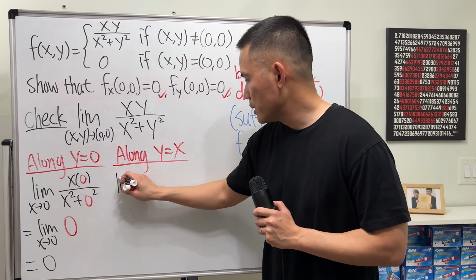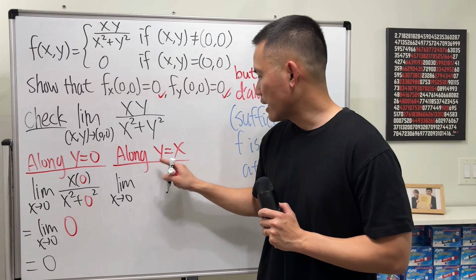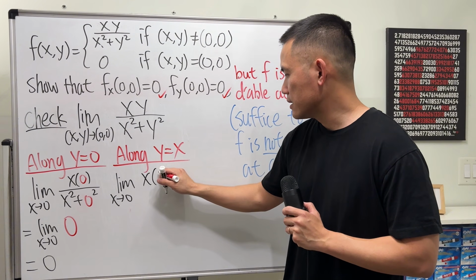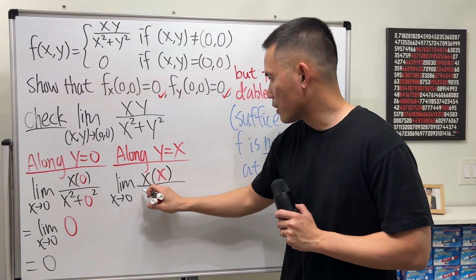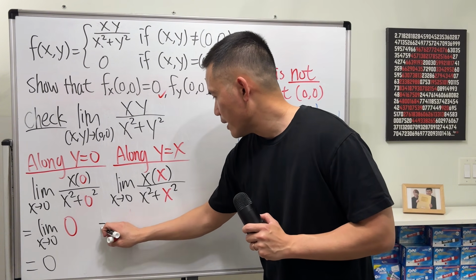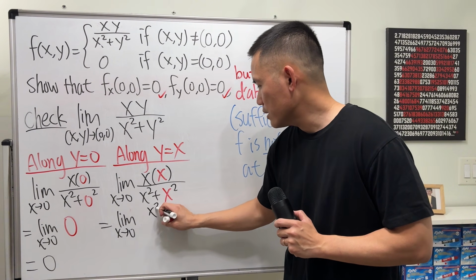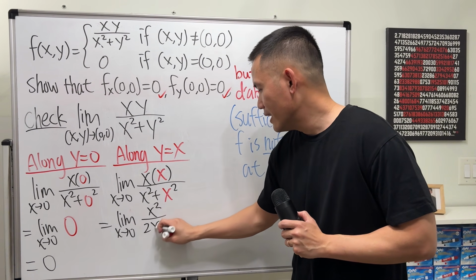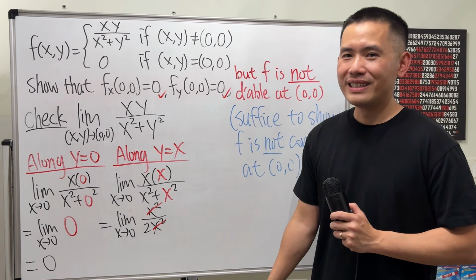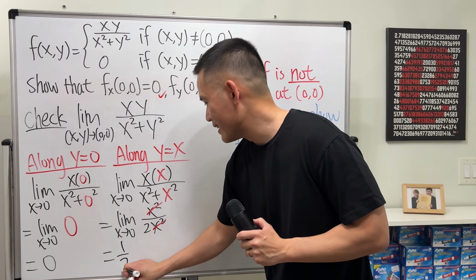So this is going to be the limit. I will keep the x because I'm assigning y to be x. So x is x, y is x now, over x squared plus x squared. Then this is the limit as x approaches 0. The top is x squared, the bottom is 2x squared. Cancel, you get 1/2. The limit as x approaches 0 of 1/2 is 1/2.